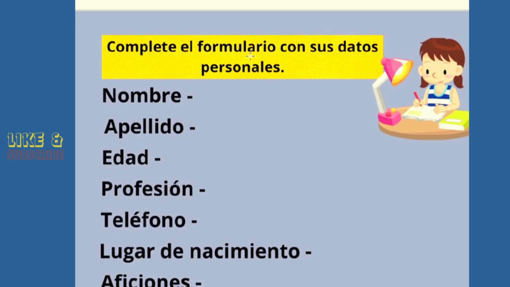So here you have a page, you have a form in which you have to fill in your personal data. Starting with the nombre, nombre is name, apellido is surname, edad is age, profesión is profession, teléfono is your mobile number, lugar de nacimiento, lugar means place, nacimiento is birth, place of birth. Okay, and the last is aficiones, your hobbies.